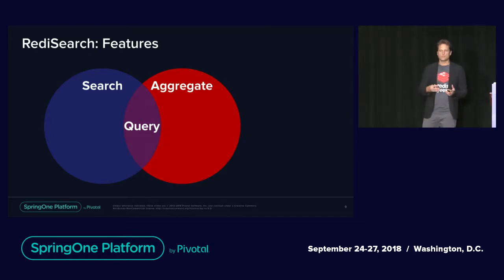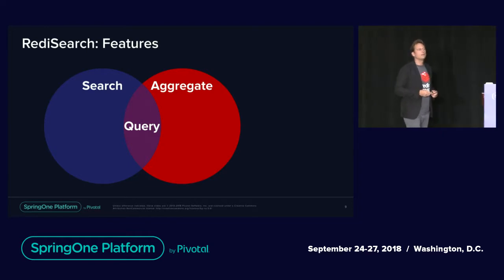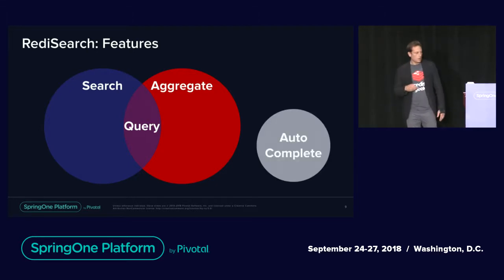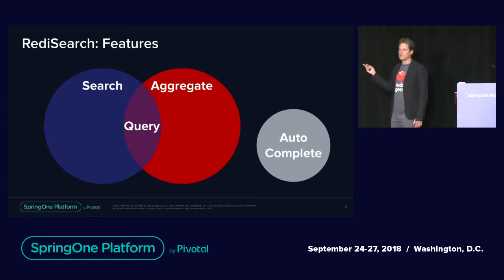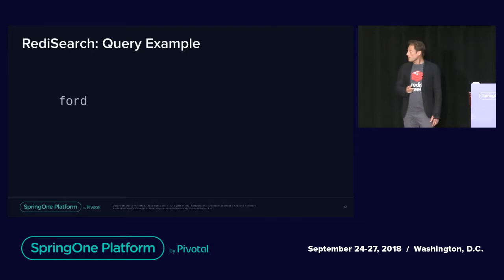Searching will return documents that match your query, and the aggregate command will let you do MapReduce-style transformations on top of these documents. So you can do statistics like count, sum, min, max, average, all sorts of interesting distributed algorithms on top of your data. A third command in the RediSearch module is Autocomplete, and we'll look at that in more detail in just a second.